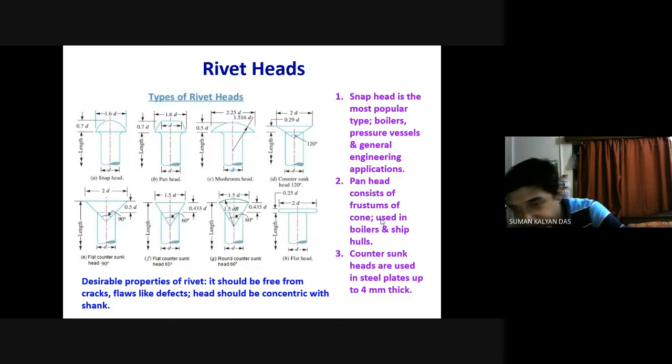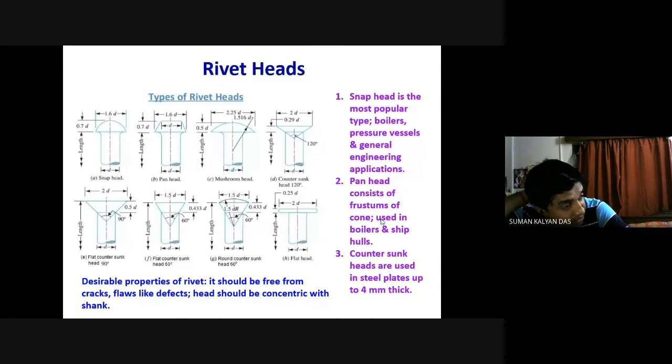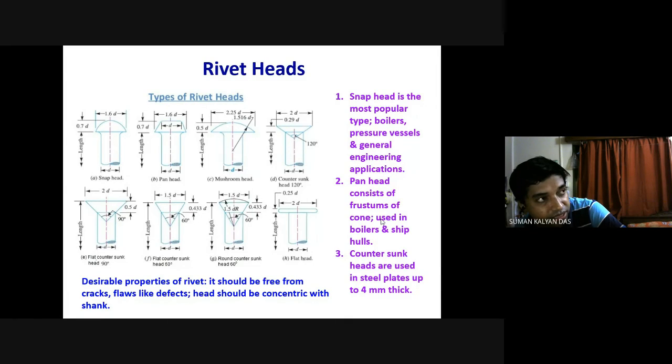In our rivet chapter we have the design of the rivets, and we also have the manufacturing of the pressure vessel with the help of riveted joints. There is a body which is known as IBR. Actually it's not a body, it's more of an act or a regulation. It is known as Indian Boiler Regulation. That regulation defines the various ways boilers should be joined with the help of rivets.